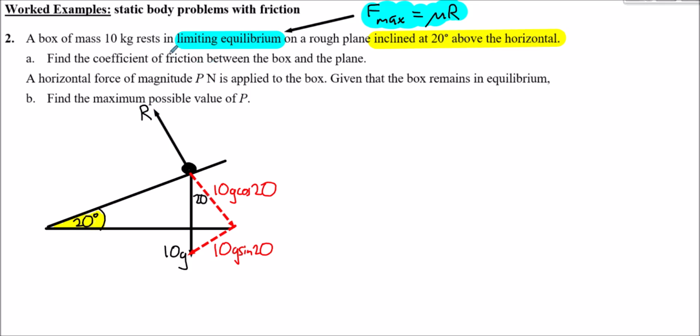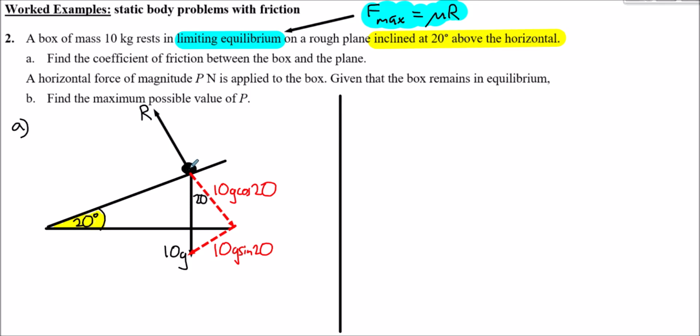And here, it's not saying that there's any force for part A. There's no force being applied to it, so I'll just section this off, and this can be part A only, because part B, the system's going to change. So, the coefficient of friction between the box and the plane. Well, in the absence of any external forces, what would tend to happen?